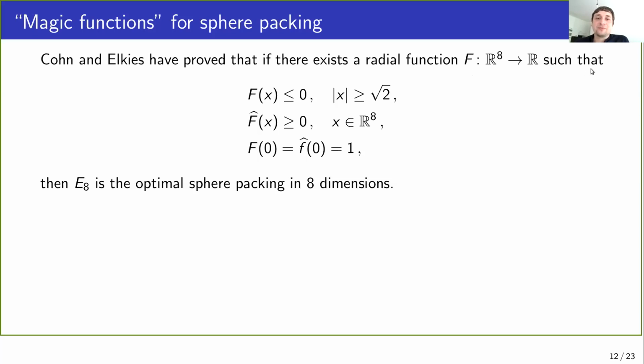If one can construct a function with these three properties, a function which is radial, which has value 1 at the origin, and satisfies the inequalities given here, so it has to be positive definite in the sense that the Fourier transform is non-negative, and the values of the function itself should be non-positive once you go outside the radius square root 2 sphere, then you would prove that the E8 lattice is the optimal sphere packing in 8 dimensions.